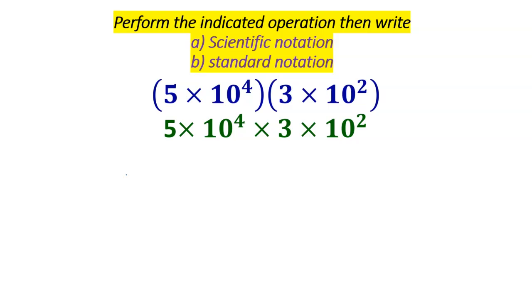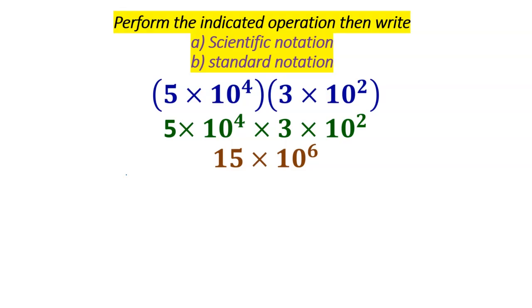As you can see, I have two numbers and two exponents. I will multiply 5 times 3 is 15, and then I'm going to use the product rule, which will give me 10 to the power 6. 10 to the power 4 and 10 to the power 2, I will add the powers 4 plus 2 to get 6.